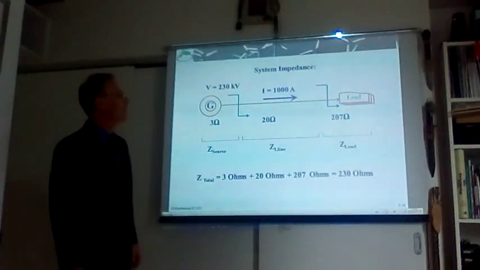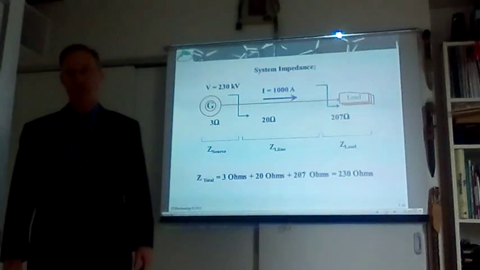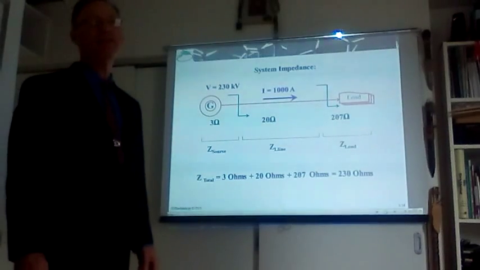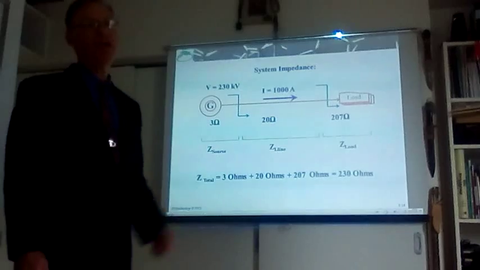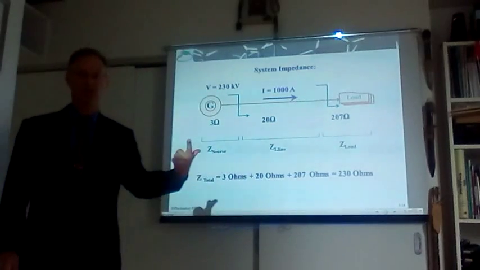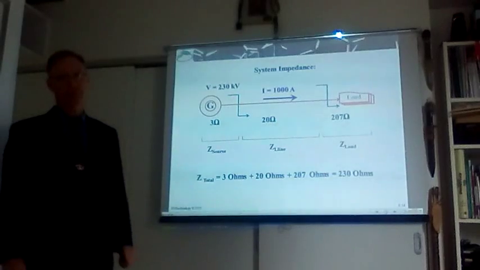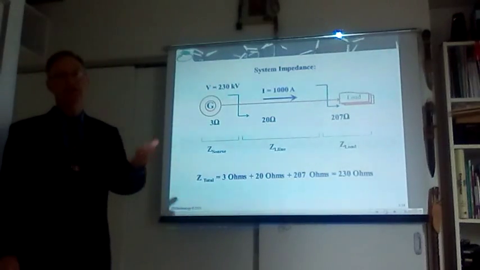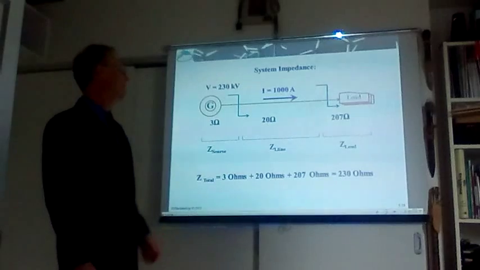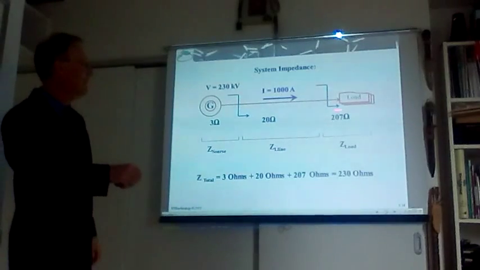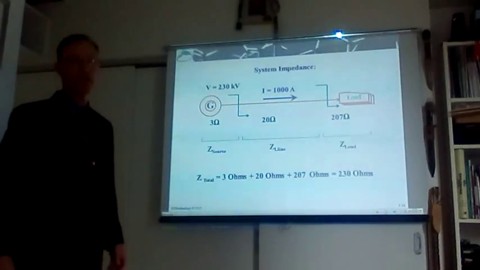Basically, during the measurement of values on a transmission line, we are measuring impedance. We have current, we have voltage. Current and voltage means impedance. V over I, impedance. And that's exactly what we have on that stretch of the line.